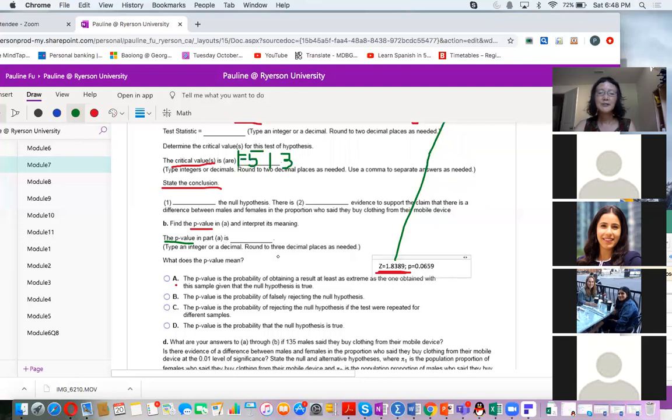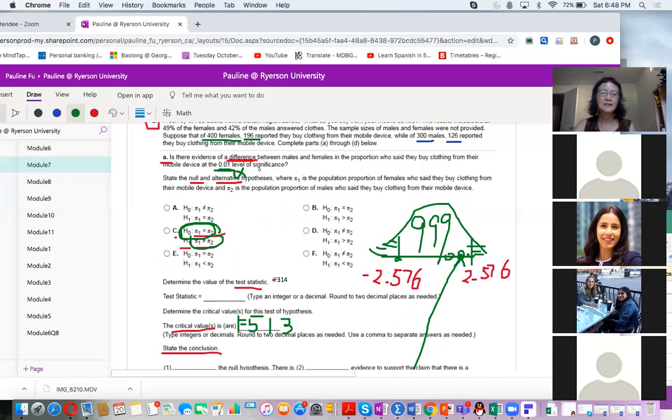We know we get p-value is here, 0.0659. This p-value is greater than alpha, because alpha is 0.01 somewhere here. See, this is alpha here. Alpha is 0.01, and your p-value is 0.06.